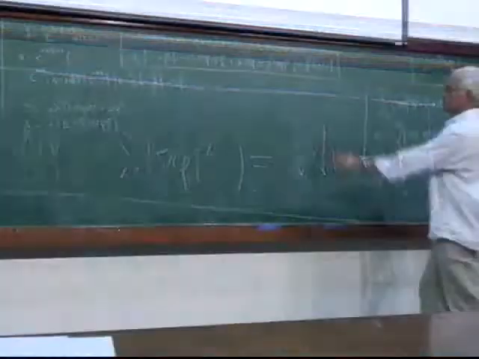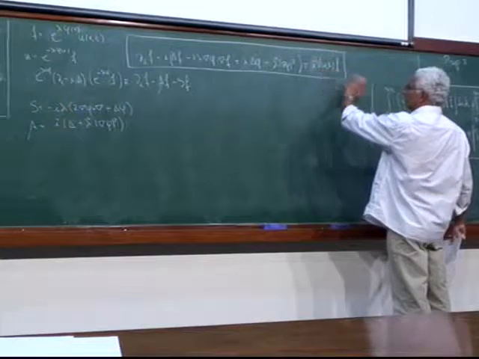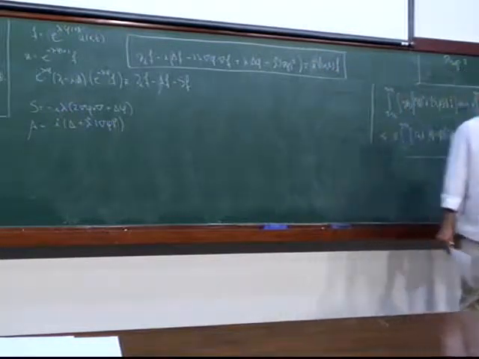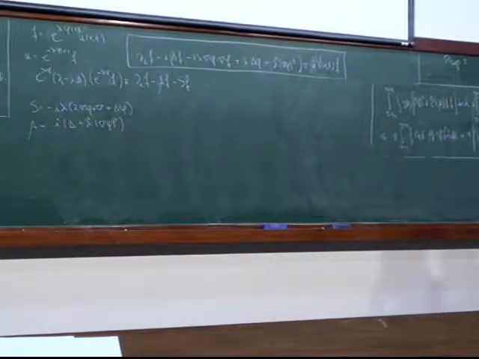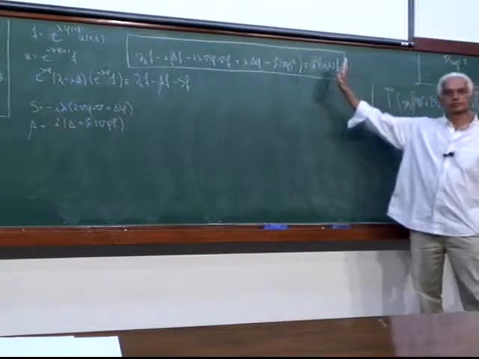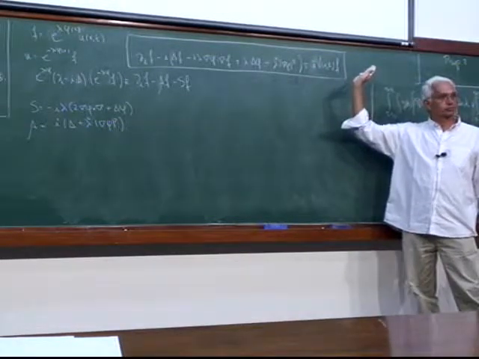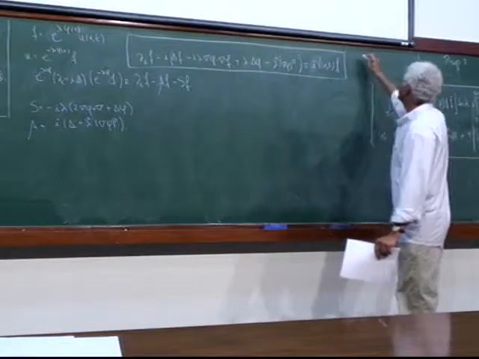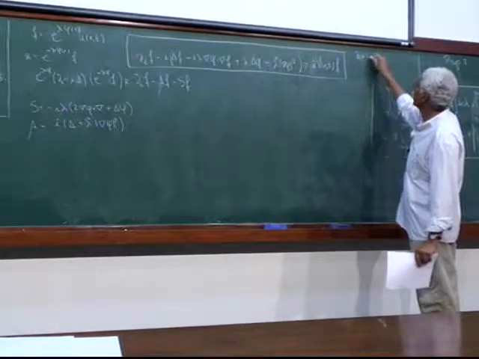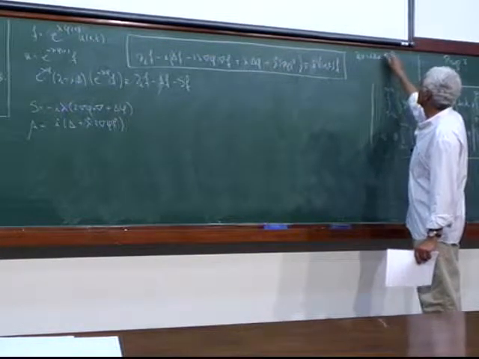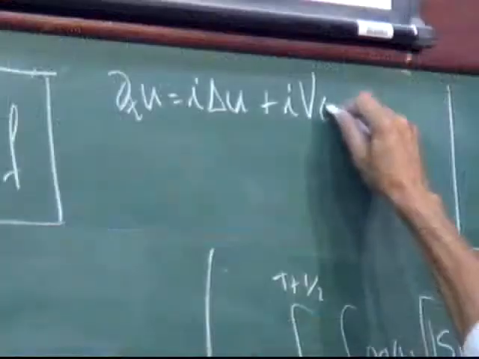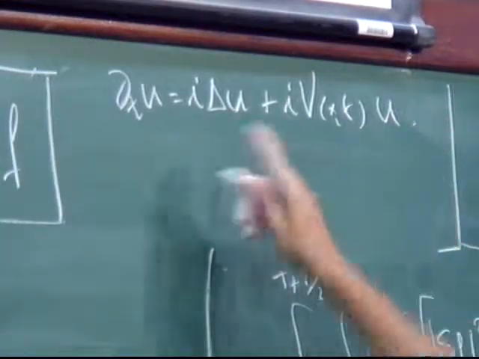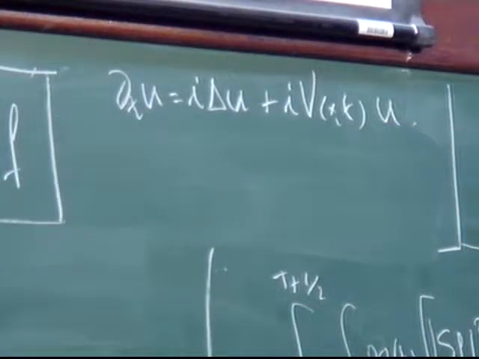And of course, you have to ask that you satisfy this one. Is this clear that f satisfies this equation? Remember that you have dt of u minus i Laplacian of u plus i B x t u. And now switch u by f, and you will see that you will finish with this.